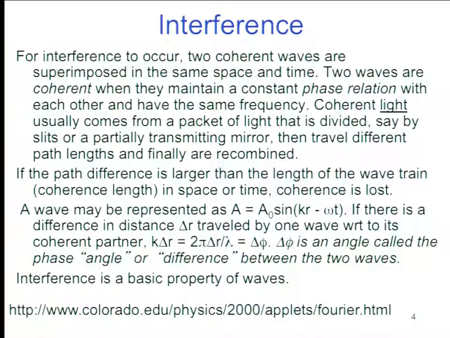Cosine, this is just a trig identity, of phi 1 minus phi 2 over 2, and sine of phi 1 plus phi 2 over 2. Does anybody remember that? No, I don't think so. That's a while ago, folks.